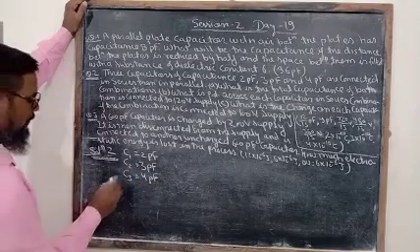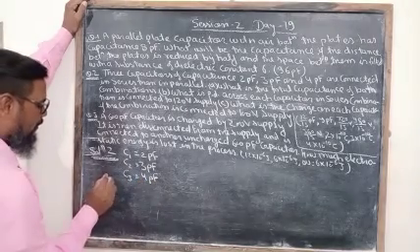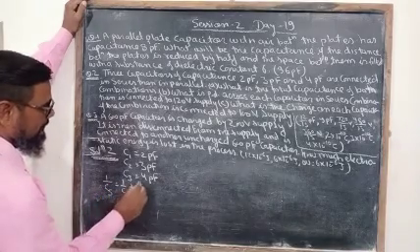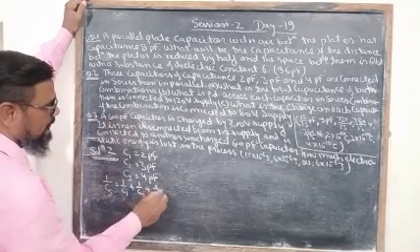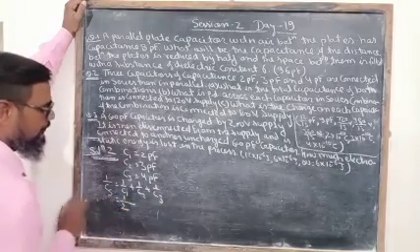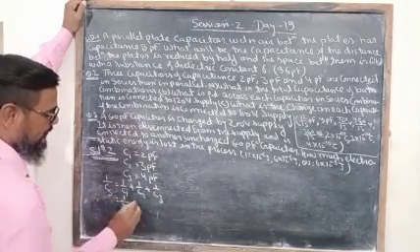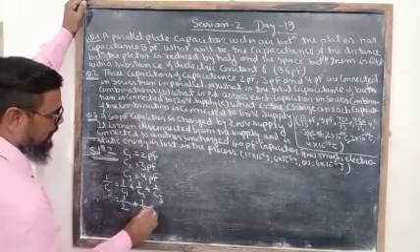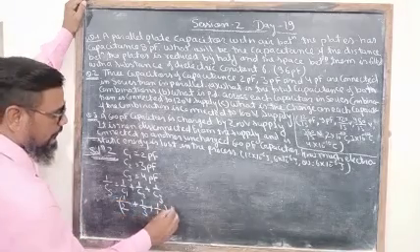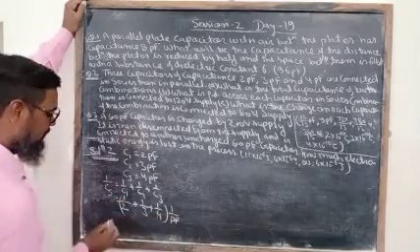For the case of series combination, we know that 1 upon Cs is equal to 1 upon C1 plus 1 upon C2 plus 1 upon C3. The value is 1 by 2 plus 1 by 3 plus 1 by 4 per picofarad.